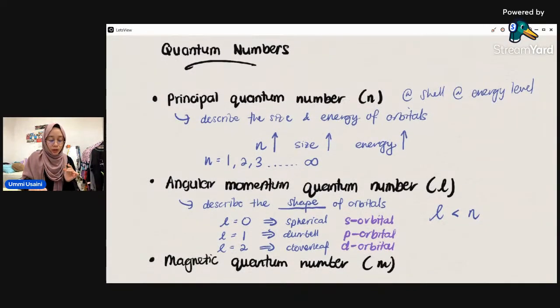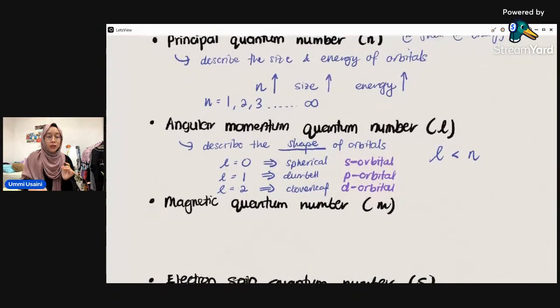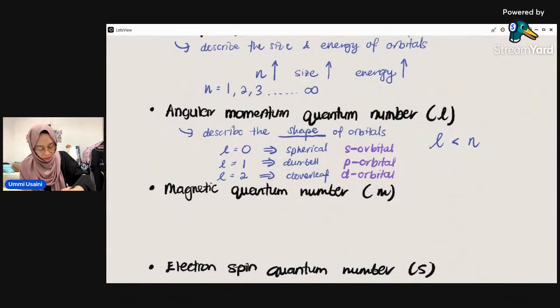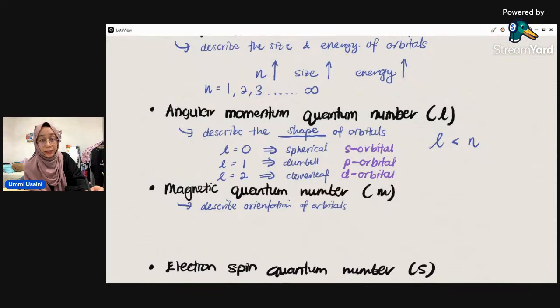Okay, and then kita ada pula magnetic quantum number. So magnetic quantum number pula, it describe the orientation, okay, orientation of orbitals. At the same time, kita boleh tahu the number of orbitals yang ada dalam kita punya orbital lah.